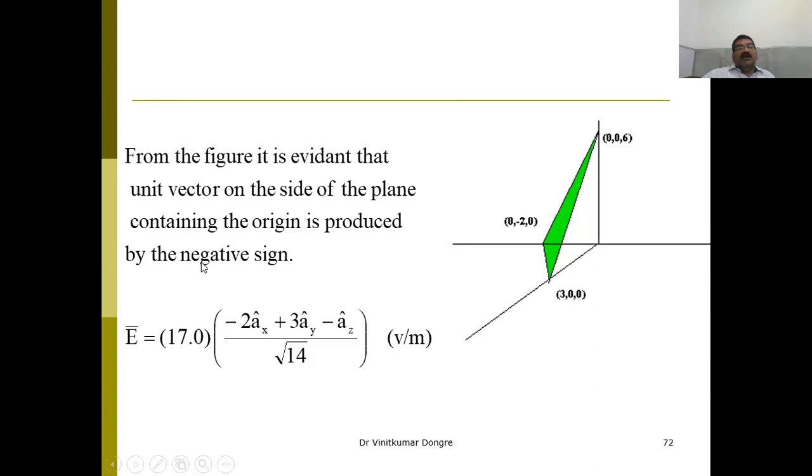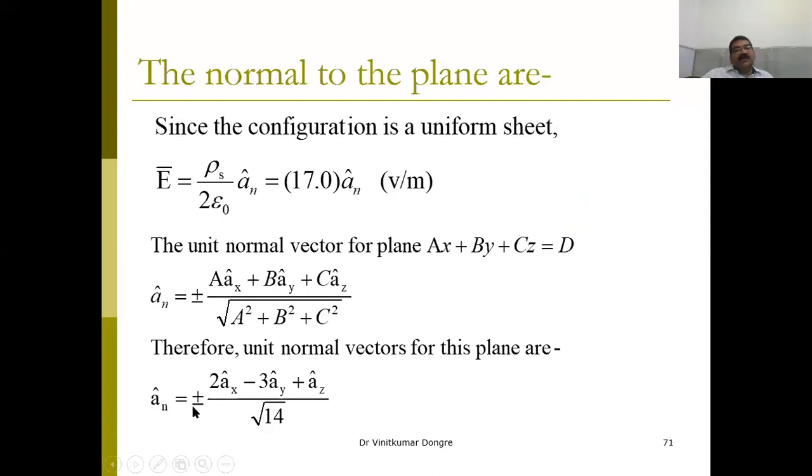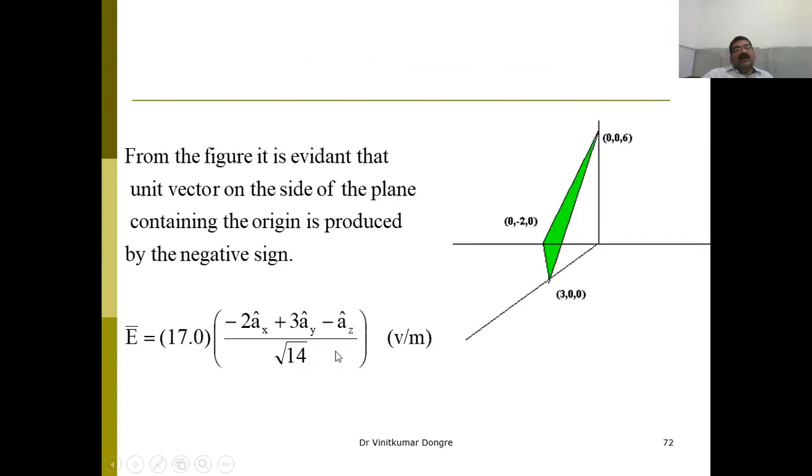Just apply your vector understanding. Here I have made the conclusion that we have to take the negative sign. So the normal vector takes the negative sign, you can just do the simplification, and this will be your answer. So this is a simple problem.